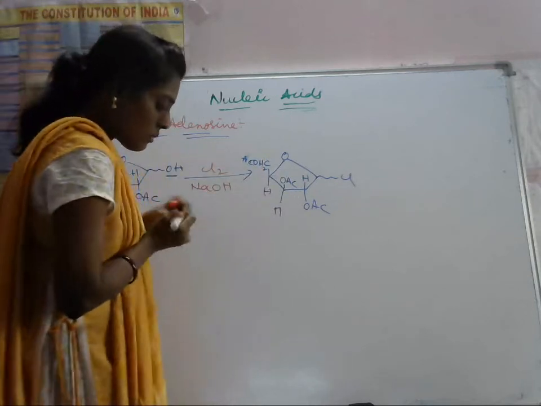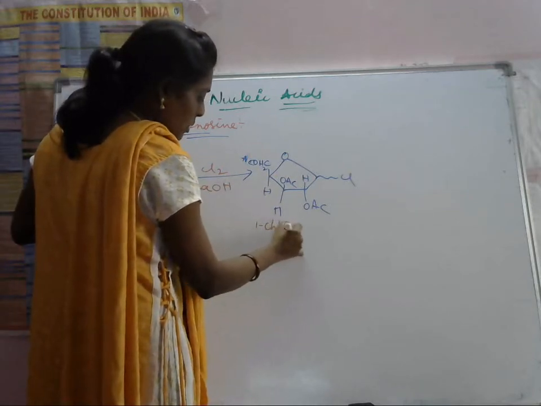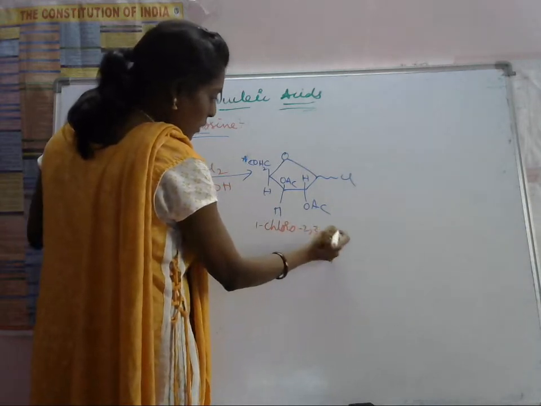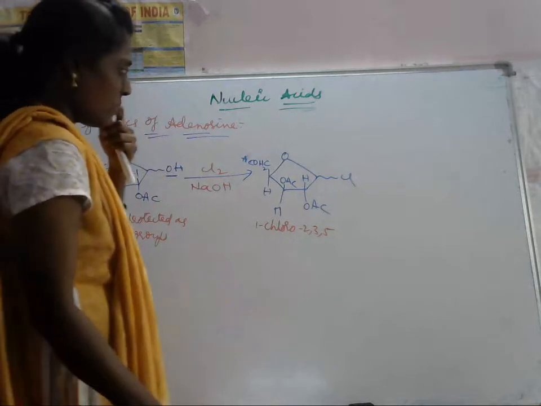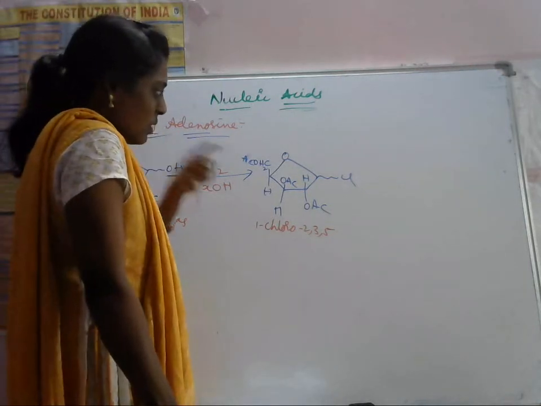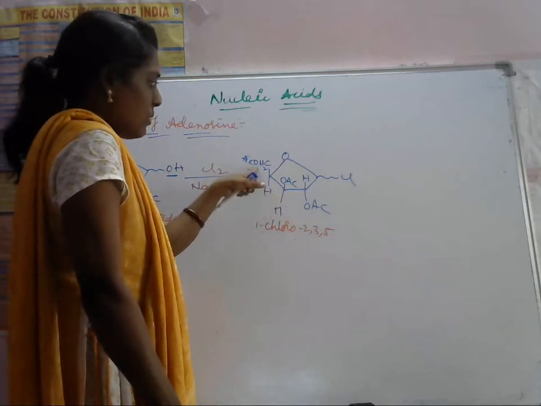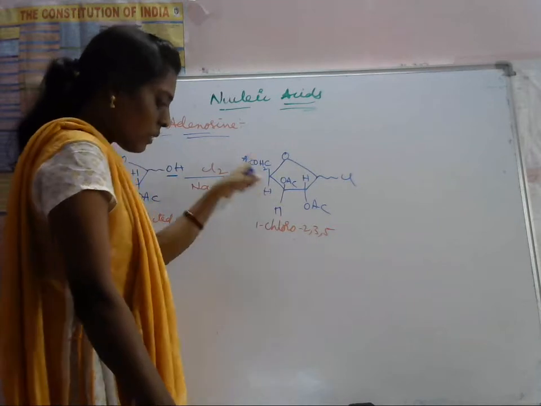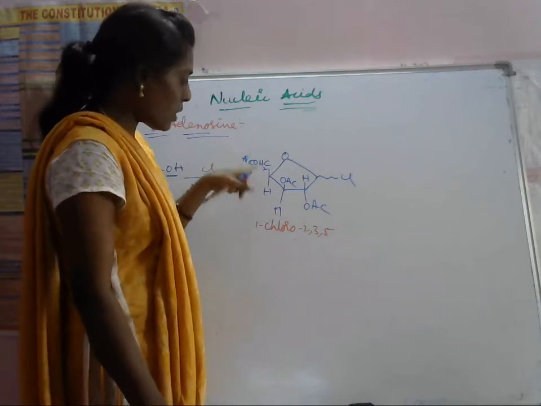This is called 1-chloro, 2, 3, 5, triacetyl ribose sugar. At the 5th position there are acetyl groups.